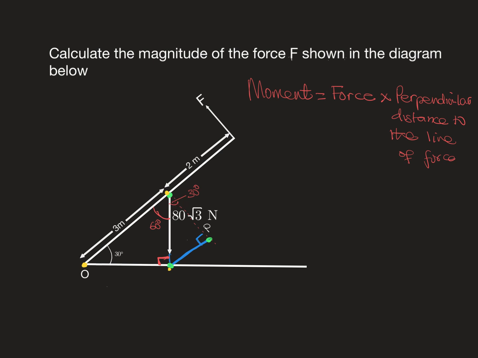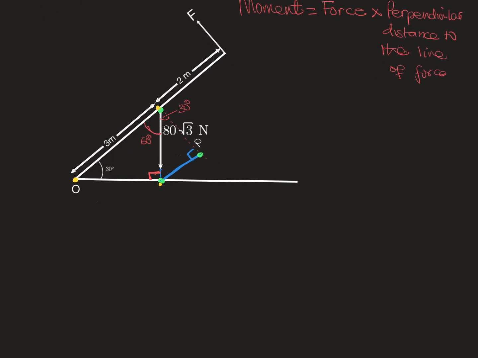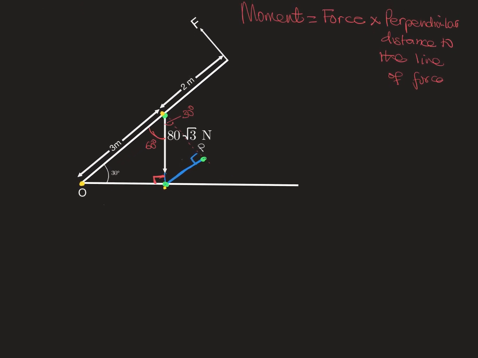All right. Now, if I should derive the triangle that I have here, I have the force of 80 root 3 newtons. I have that perpendicular line P that I'm trying to find. And this is the 90 degree angle here. We've said that this is 30 degrees.